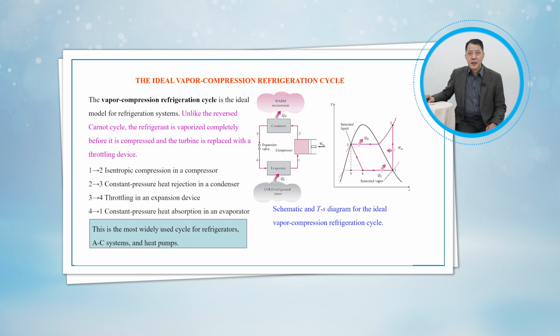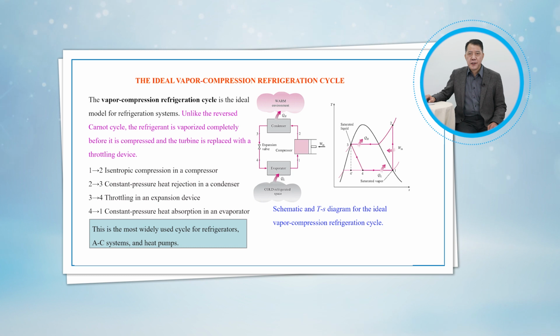The saturated liquid refrigerant at state 3 is throttled to the evaporator pressure by passing it through an expansion valve or capillary tube. The temperature of the refrigerant drops below the temperature of the refrigerated space during this process.